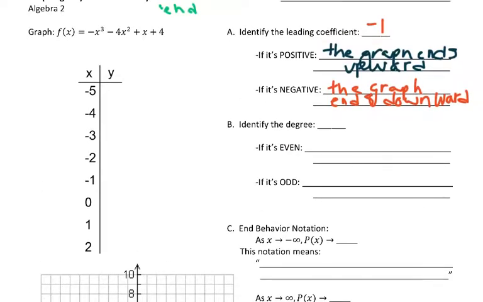Then we need to identify the degree. Okay, so if we go ahead and identify the degree, it's the highest power, so that's a 3. Alright, and so what's going to happen is, if this is even, which it is not, the start and the end behavior match.